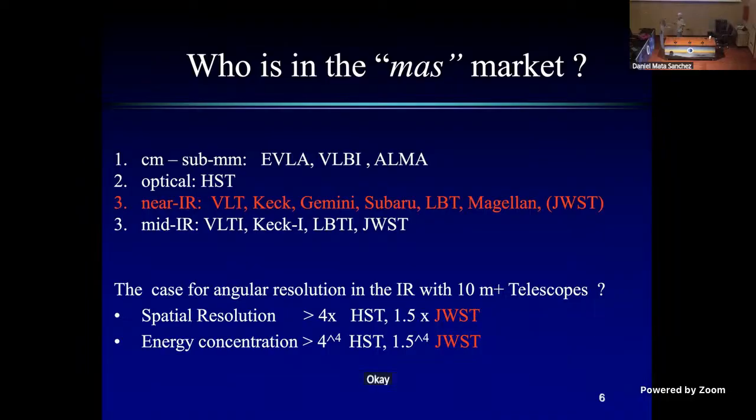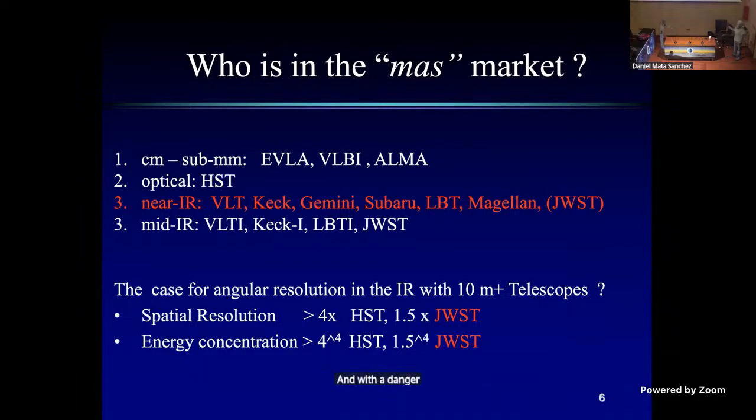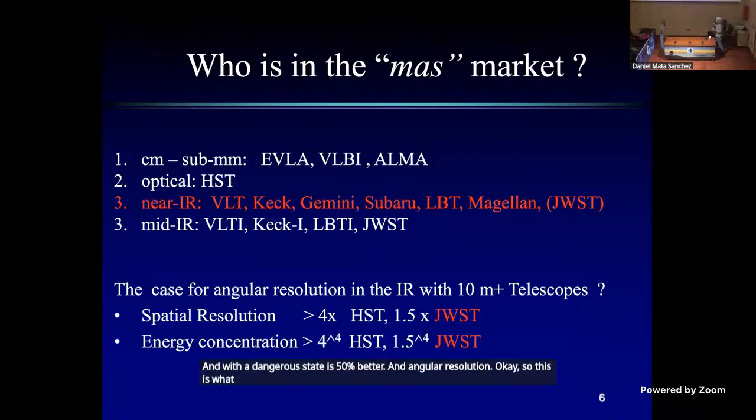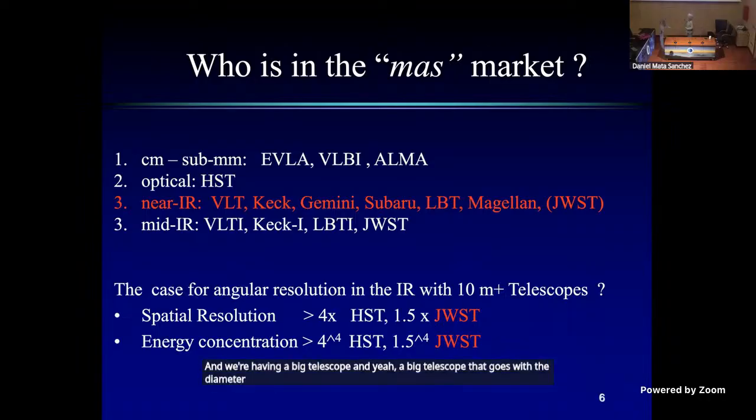Compared with the space telescope, we have a factor of 4 better angular resolution, and in general about 60% better in angular resolution. We have a big telescope, and the angular resolution goes with the diameter and with the wavelength.